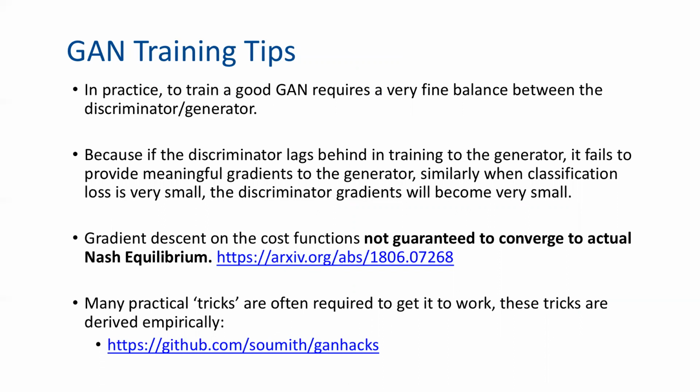So some practical tips for training GANs: there's a fine balance in optimizing the discriminator and the generator. One has to be careful that neither one of them gets too far ahead of the other. In other words, it's not good if the discriminator always wins, because then the generator is not receiving any advice from the discriminator.